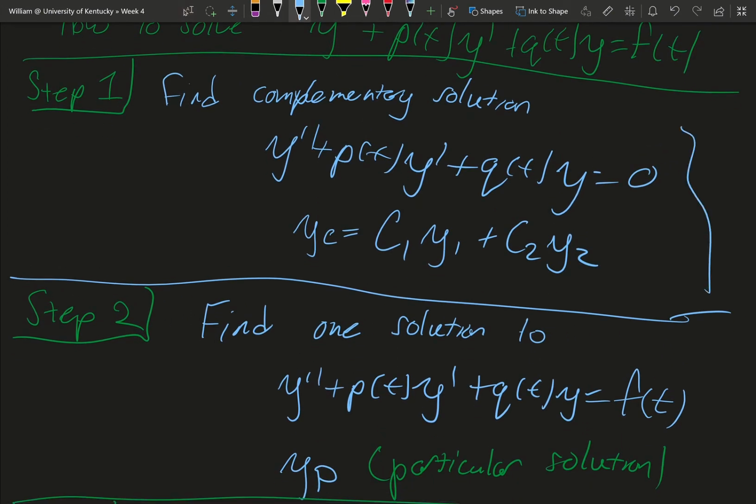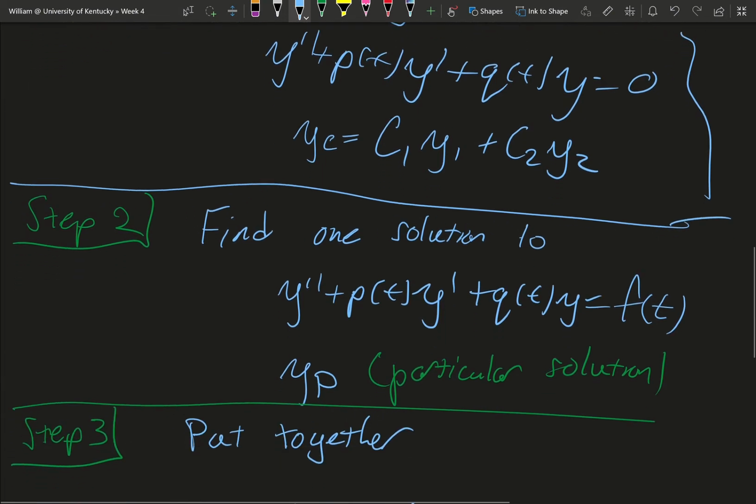In general, we're going to assume that these are constant coefficients, so you just look at the characteristic equation.